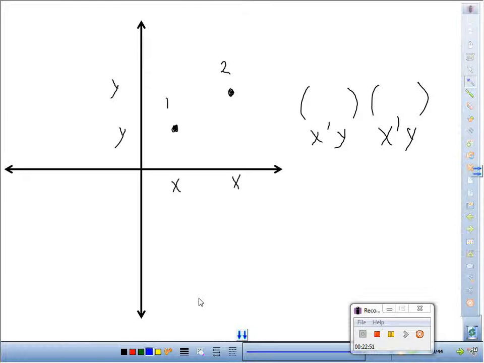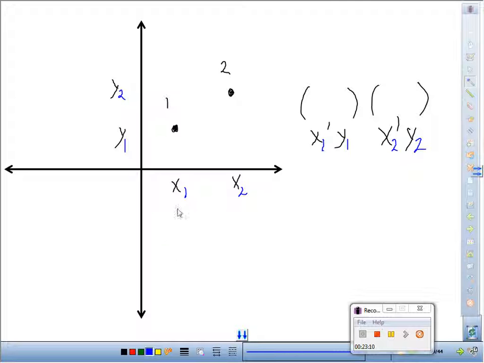So how would we distinguish point 1 from point 2? Let me show you. X sub 1, y sub 1, x sub 2, y sub 2. Does that make sense now? Yes, because this is x sub 1, x sub 2, y sub 1, y sub 2. Are we there so far? Yes.